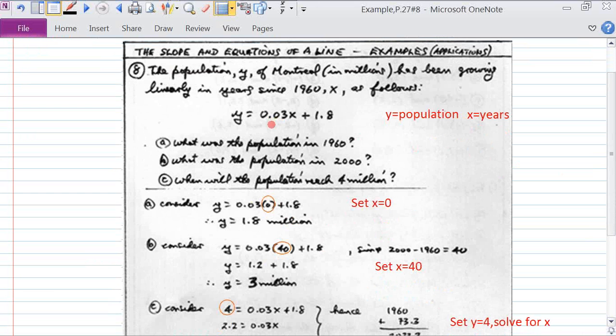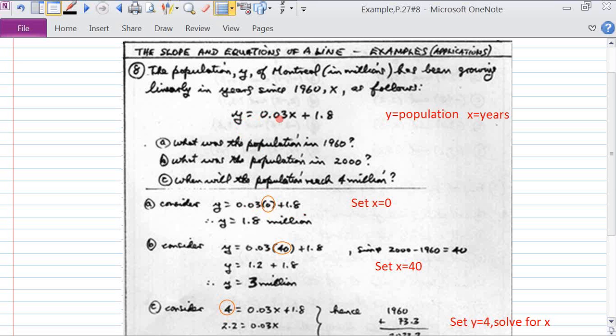First of all, we have to realize that this formula was started in 1960. So in 1960, X was 0. So we set X equal to 0 in the formula.